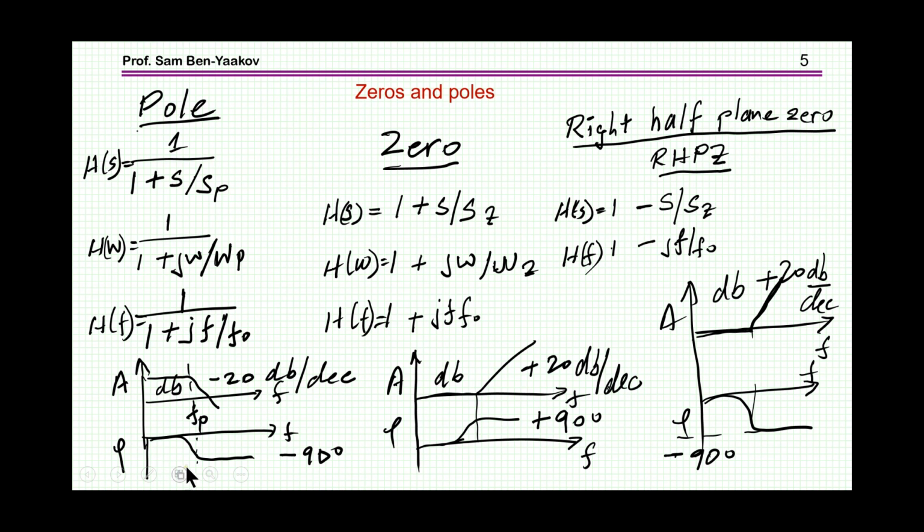And then it turns out that in the case of a pole, we do have a phase shift of minus 90 degrees, starting at the, or it's actually 45 degrees at the pole, and then it's moving in.